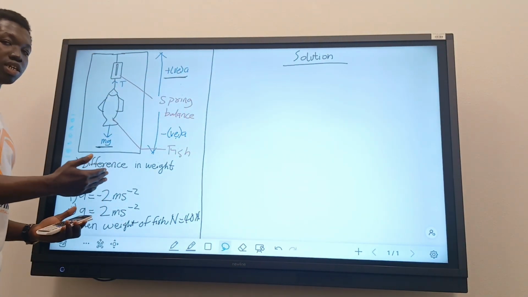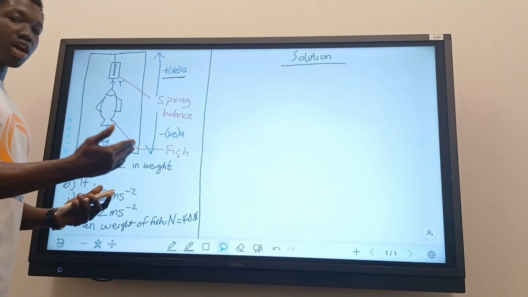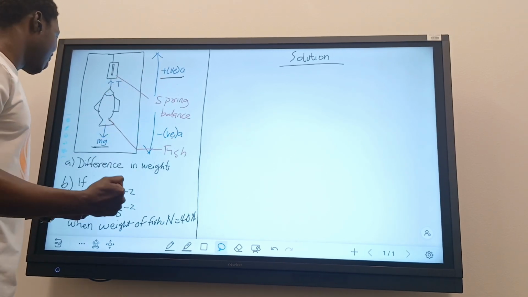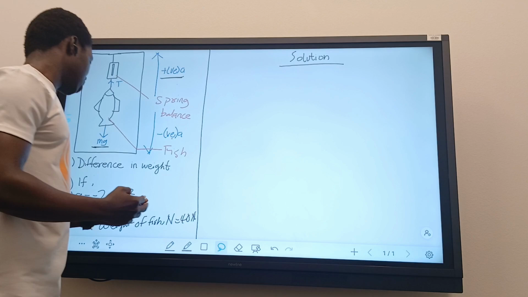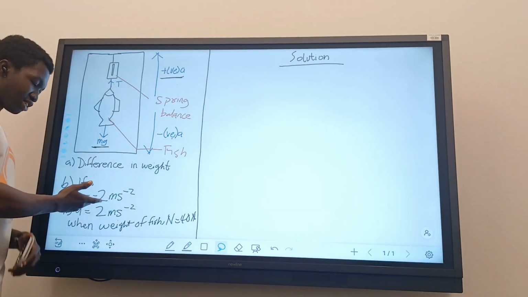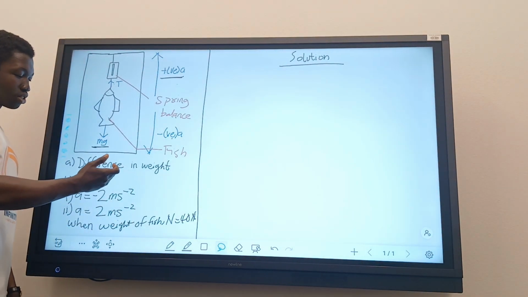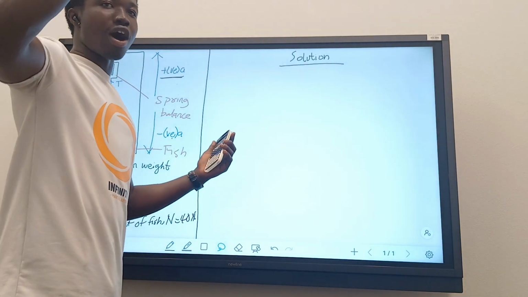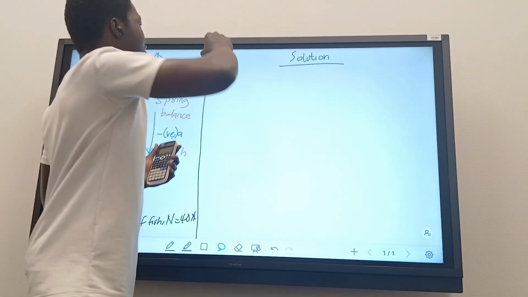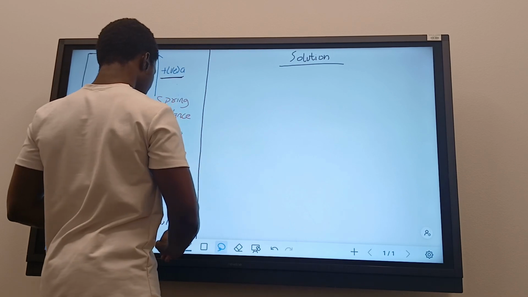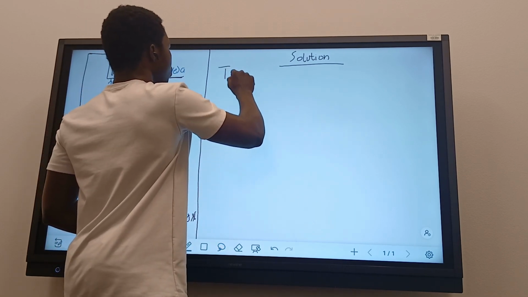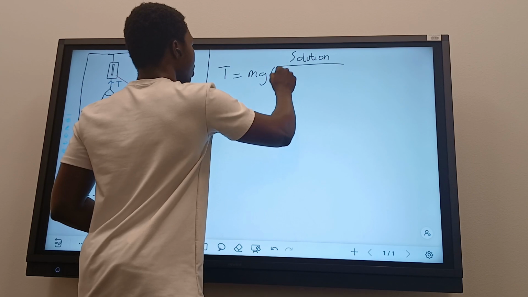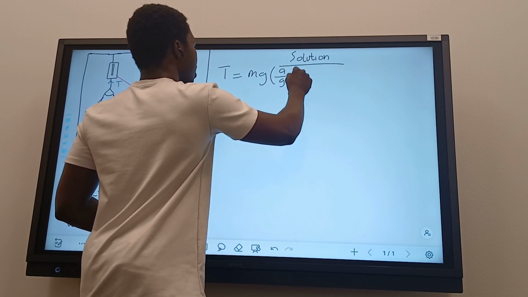Now we are going to check this with real values to see how it affects, just to prove this. Okay. So our first question is, when the acceleration is -2 meters per second squared. So we are going to put it into the formula we had in the first part. Our formula was T is equal to mg into bracket a over g plus 1.